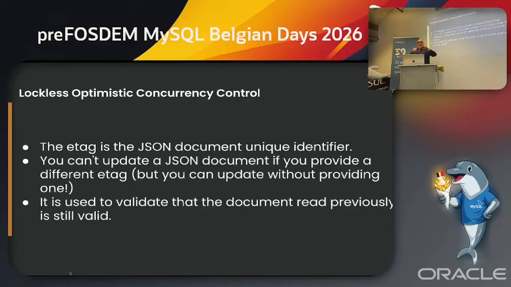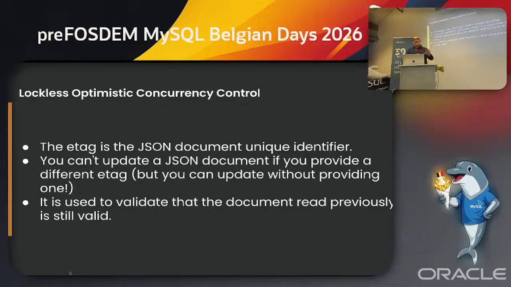It's not an identifier in terms of where, it's an identifier inside of the document. So when I update, I will provide the e-tag. If the e-tags are different, the operation will fail. If the e-tags are the same, the operation will succeed.